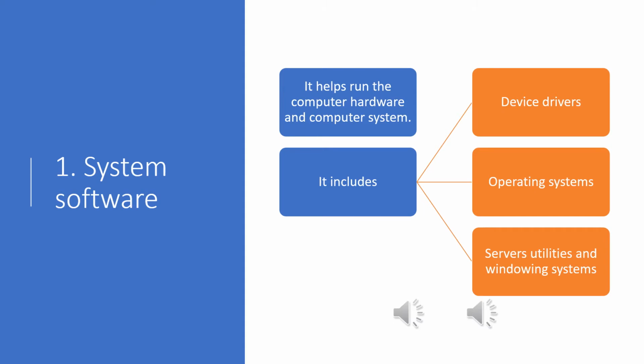Even though I have a laptop or a desktop with me, without Windows, without an operating system, it is not going to work. It includes device drivers, operating system, servers, utilities, and windowing systems. All these things are very important in order to run the hardware, or the computer system. Clear with that?